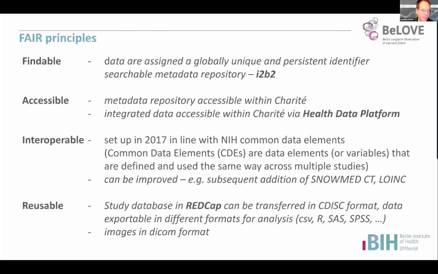We have some challenges with interoperability, as we set up BeLOVE in 2017, and at this time we used the NIH common data elements. These common data elements provided a unified structure and terminology for data capture and data sharing. But I think interoperability could be improved, for example, by addition of SNOMED CT or LOINC.